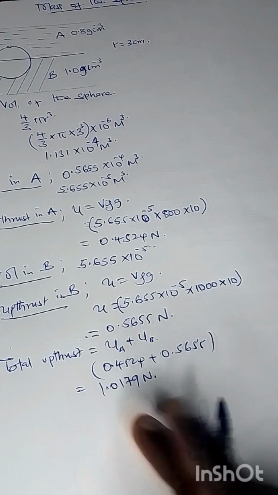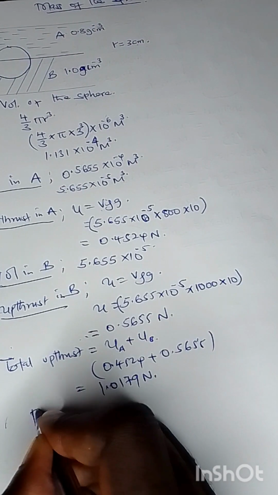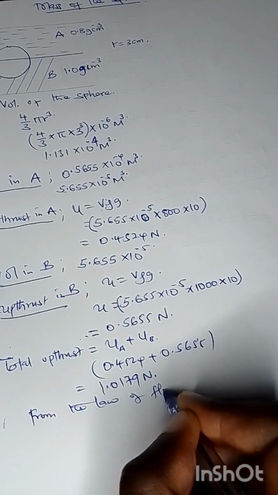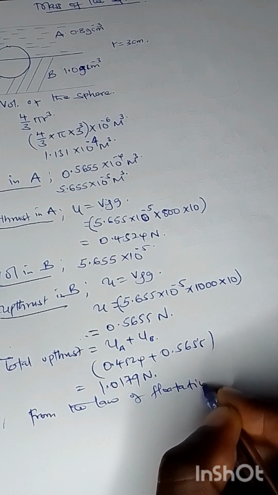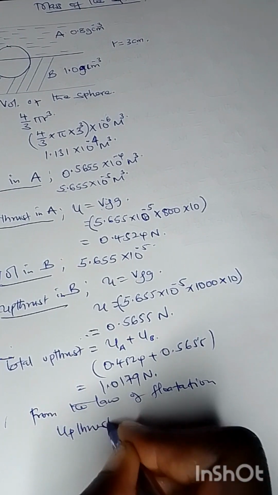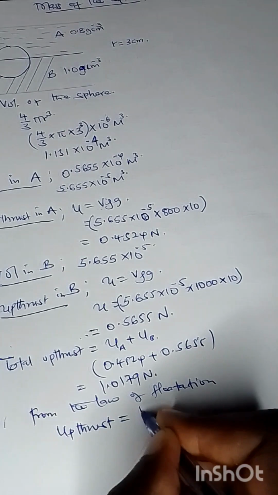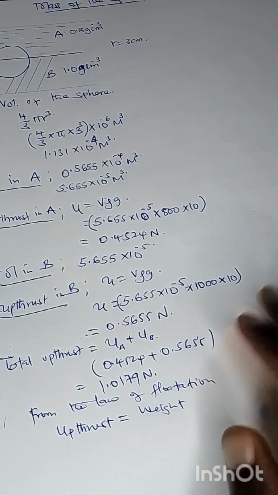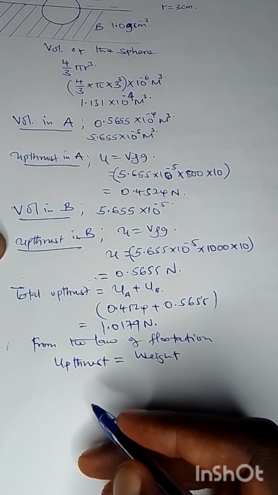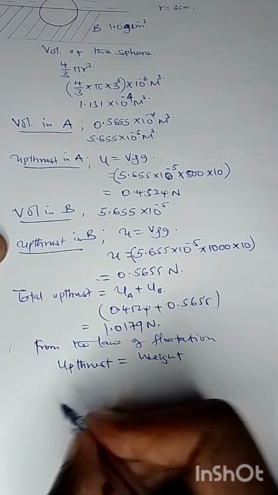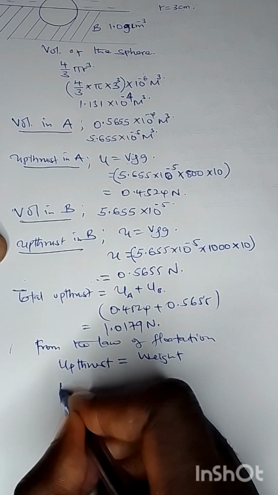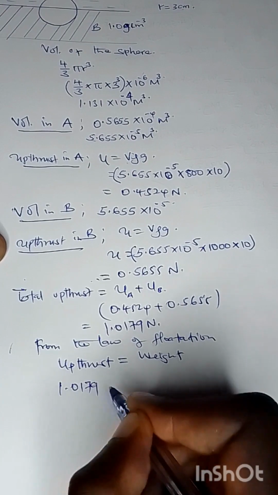So from the law of flotation, upthrust equals weight. But our body was floating in two different liquids, liquid A and liquid B. So their total upthrust is this one. So we say 1.0179 is equal to W, which is weight.